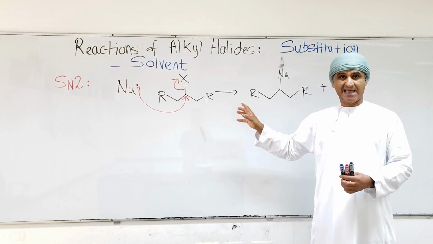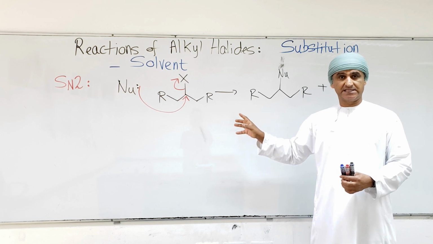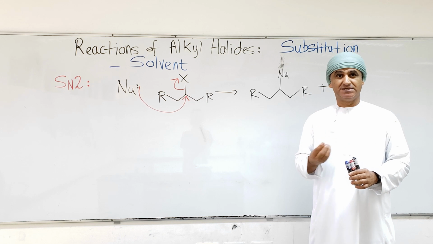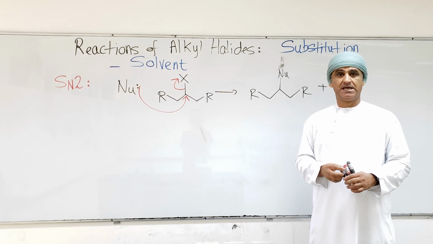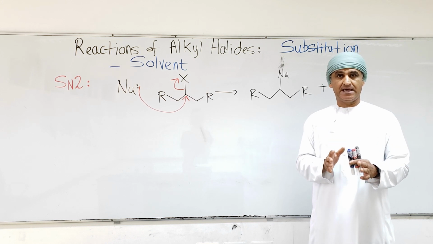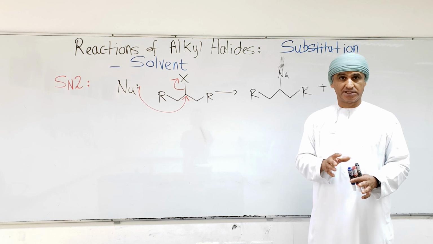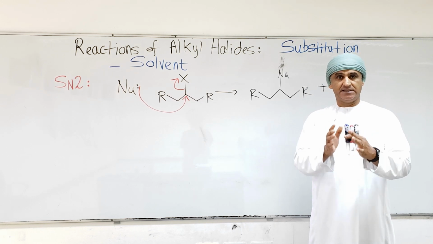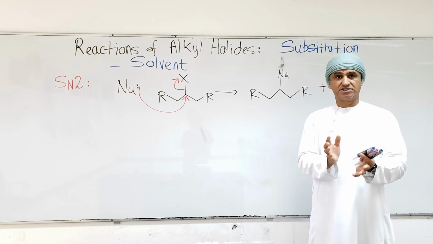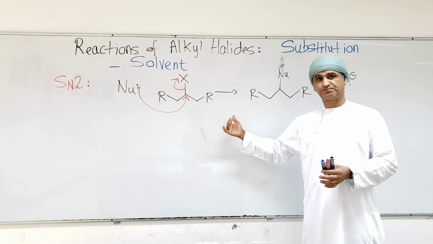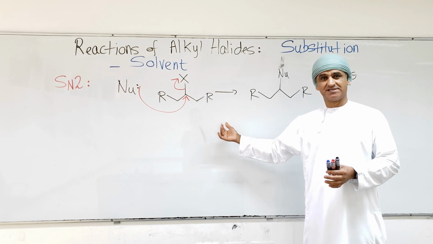And the solvent can hinder the nucleophilic attack if it is polar and protic, which means it has a proton, like in water and alcohol. So alcohols and water are polar protic solvents, which are not suitable for the Sn2 reaction because they hinder the nucleophile by solvation.